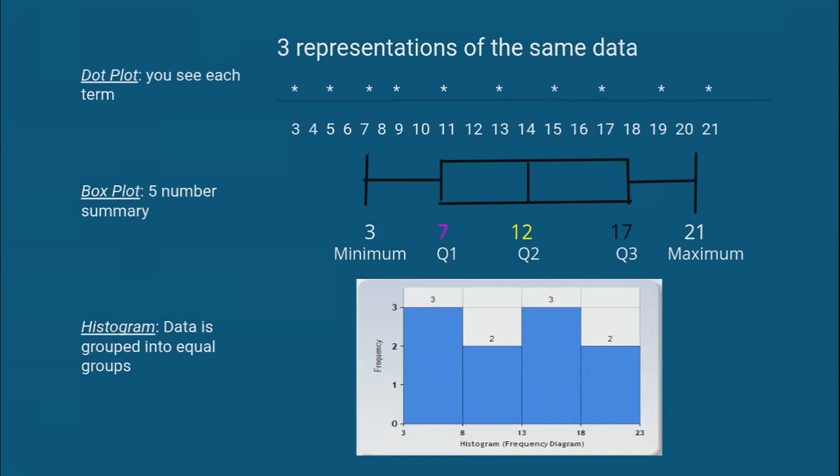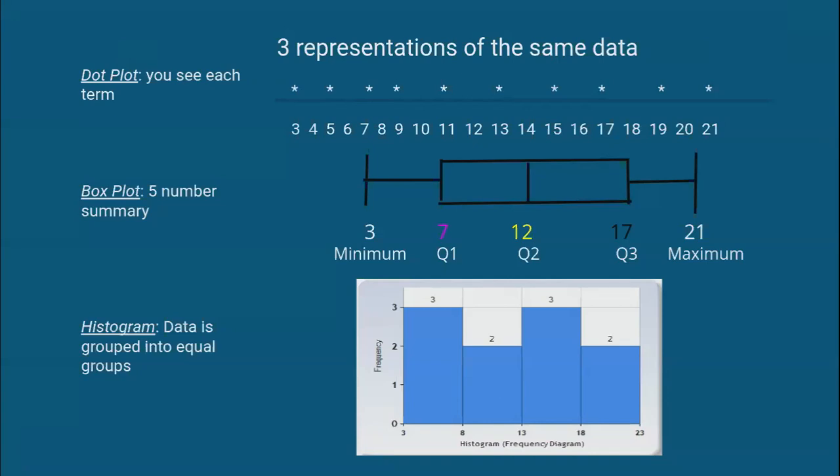Same thing in the second bar, between 8 and 12. We know that our data set has 2 terms in that range. Again, we don't know which 2 terms. We just know that there are 2. So again, the strength of a histogram is it can handle large data.